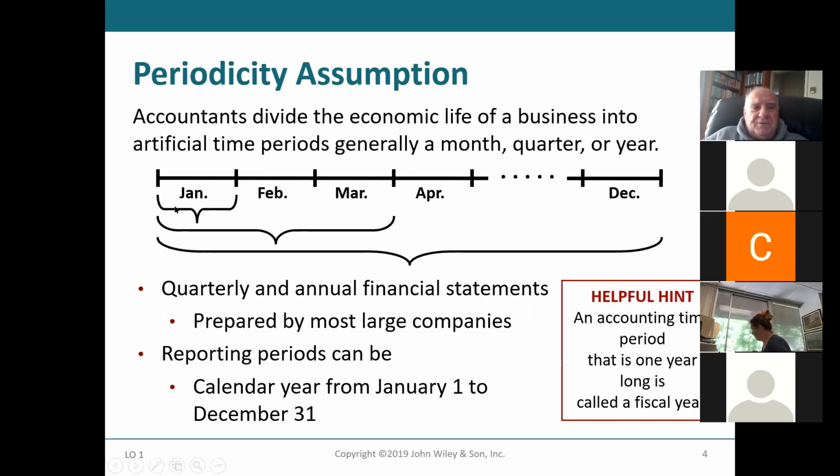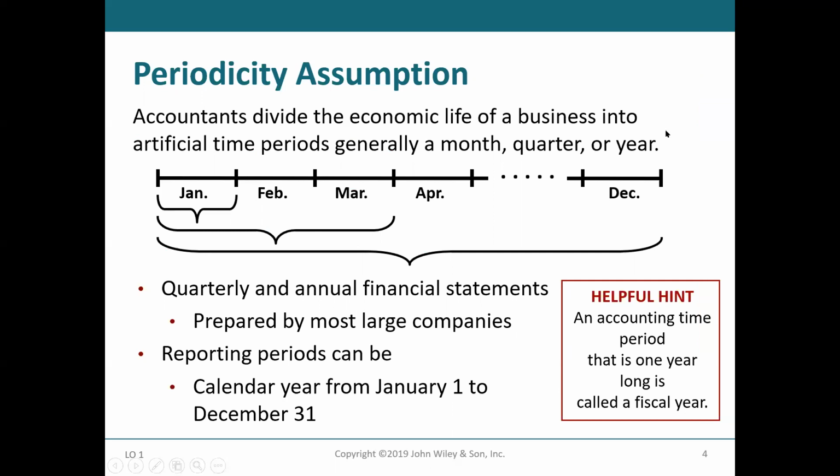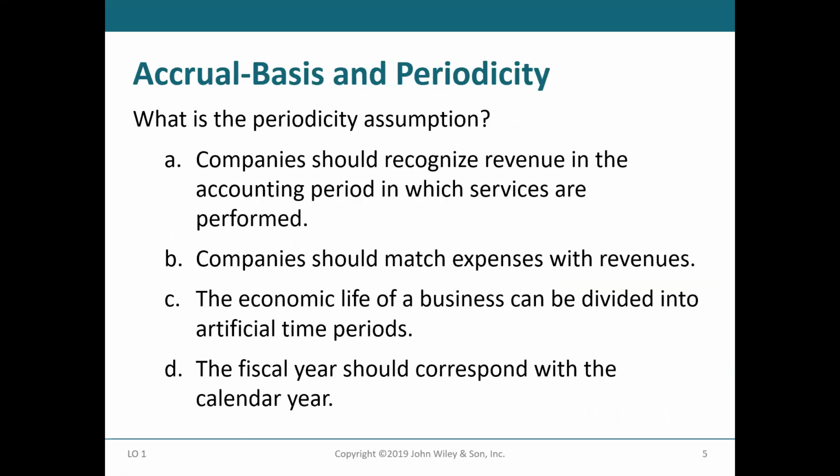Now here they're talking about this crazy word periodicity. That's a word I don't think I've ever used in a sentence other than in a classroom. It just means that we can break down a business into monthly parts and analyze it, okay? So periodicity, that is a GAAP principle that perhaps you might get on the test in a multiple choice question.